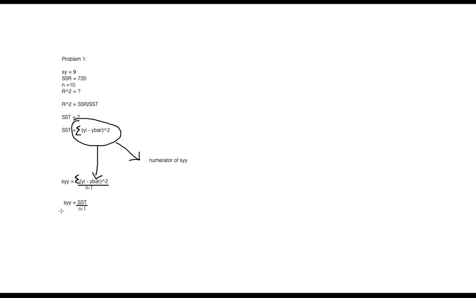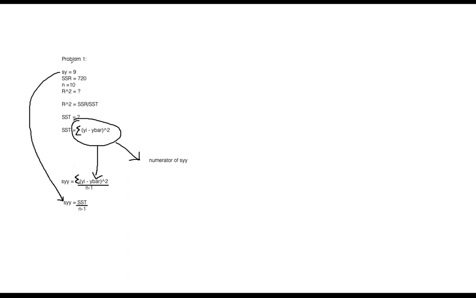So now we can solve for SST using SYY because we have been given SY, right?